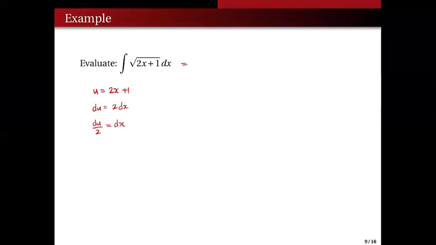So this becomes the integral of square root of u, and then the dx becomes du over 2. Or if you're not comfortable working on this, you can write this in exponent form. Let me put the 1/2 outside of the integral. You have 1/2 integral of u raised to 1/2 du.